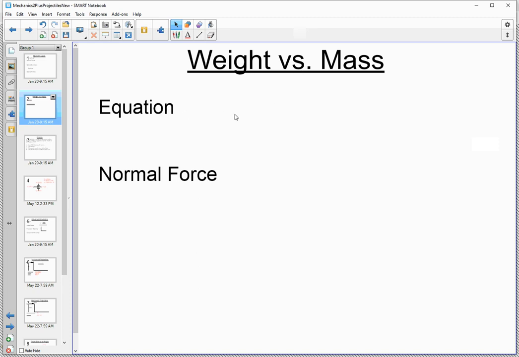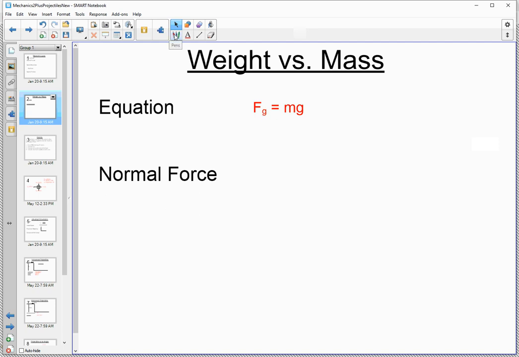All right, weight versus mass. A common confusion in the course is the difference between the two. And of course, our equation, which is on the reference table, solved for little g: little g equals Fg over m, where Fg has two names, the force due to gravity, or weight.